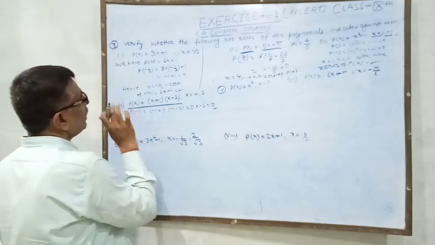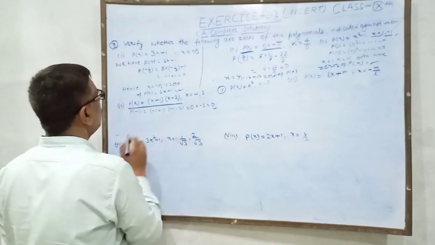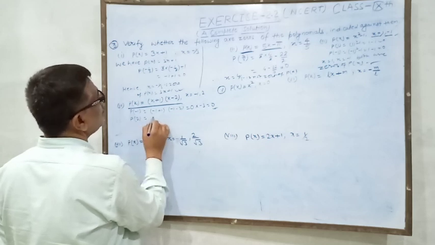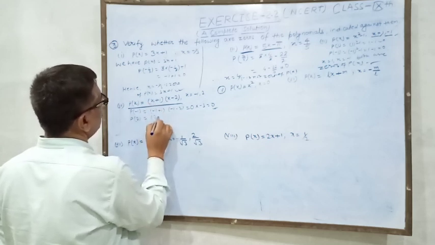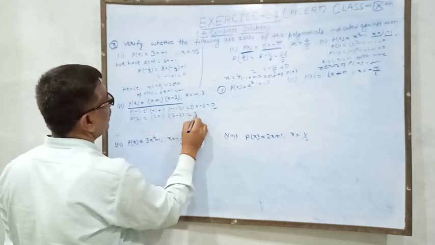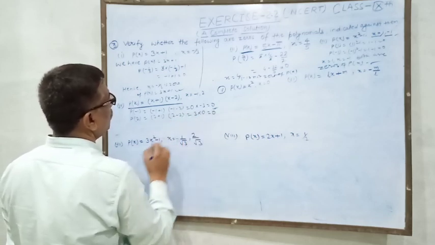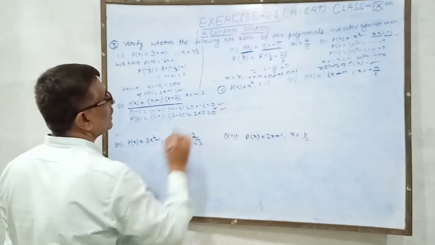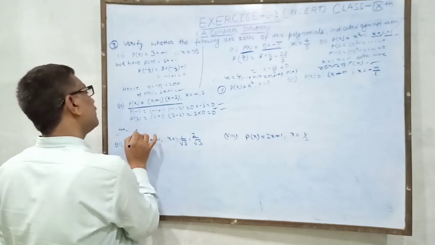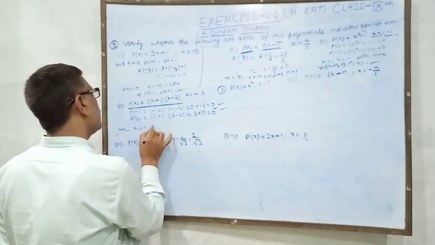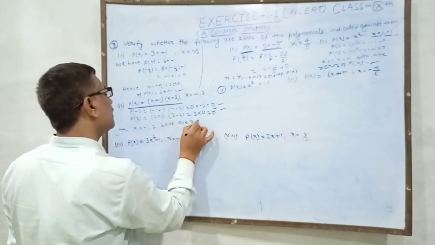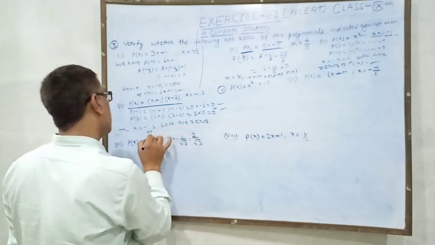That means −1 is one of the zeros. You put 2 in place of x: p(2) equals (2 + 1)(2 − 2), which is 3 into 0 equals 0. That means in both cases 0 is the result. Hence x equal to −1 and 2 both are zeros of p(x).